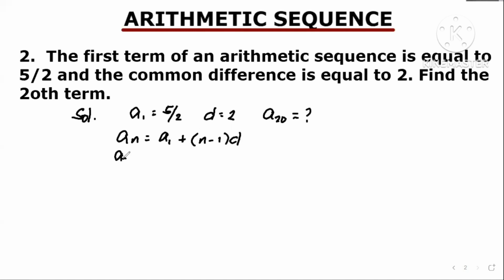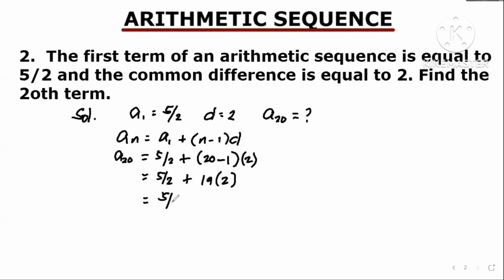So a sub 20, substituting all the values, is 5 over 2 plus 20 minus 1 times 2. This is equal to 5 over 2 plus 19 times 2, so that is equal to 5 over 2 plus 38. 19 times 2 is 38.